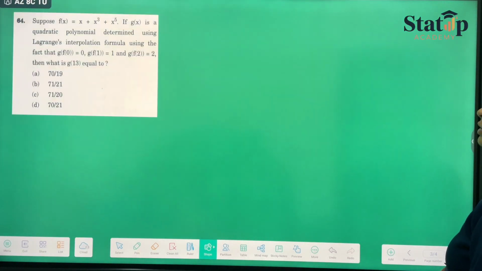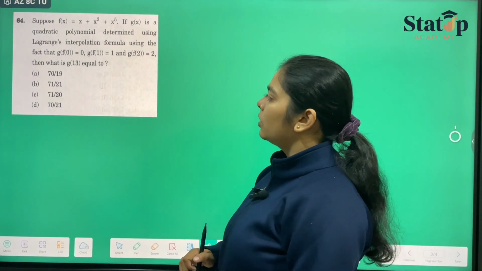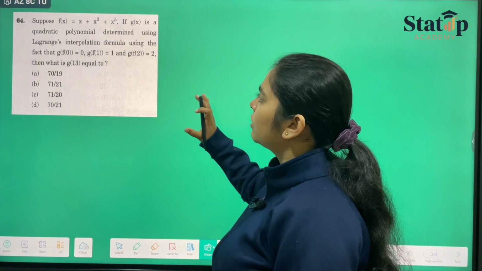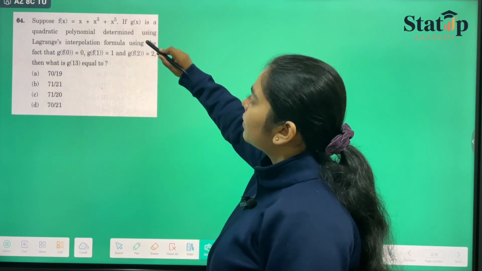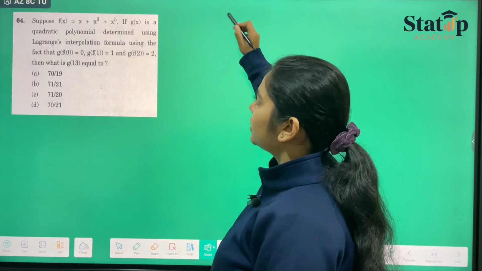Now moving on to the next question, which is again on Lagrange's interpolation formula. Here they have given us fx and the values of g of fx.